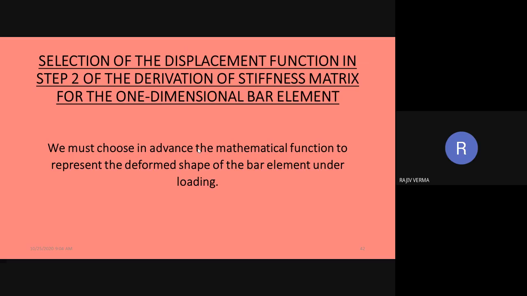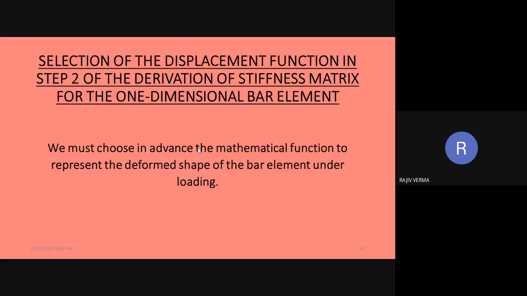We must choose in advance the mathematical function to represent the deformed shape of a bar element under loading. Before starting the FEM formulation, you should have a mathematical formula which is going to represent the deformed shape of a bar under loading.